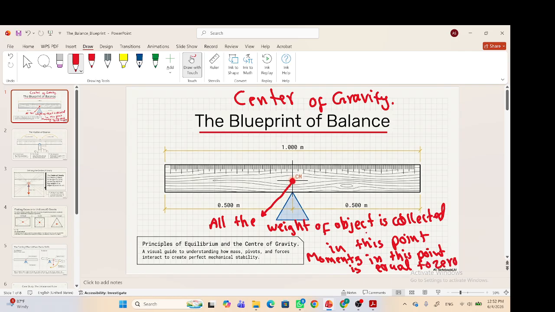There will be no moment. Why? Because the moment which is acting anti-clockwise is equal to the total moment which is acting clockwise. So first you should find the center of gravity. Center of gravity is the point where all the weight of the object is collected into one point and the total moment is equal to 0.